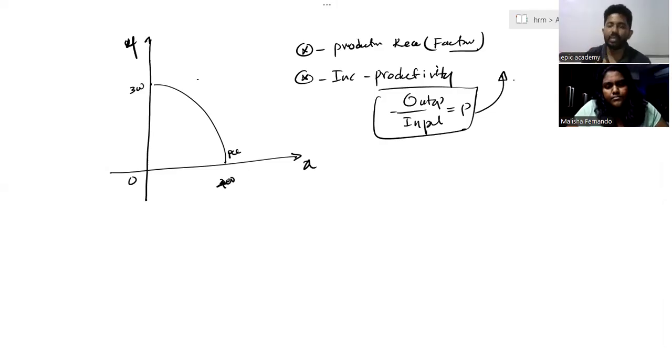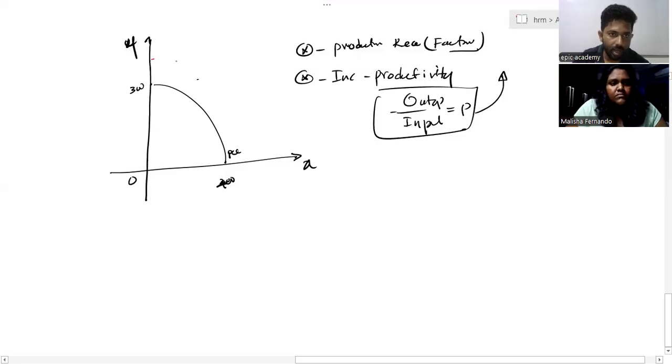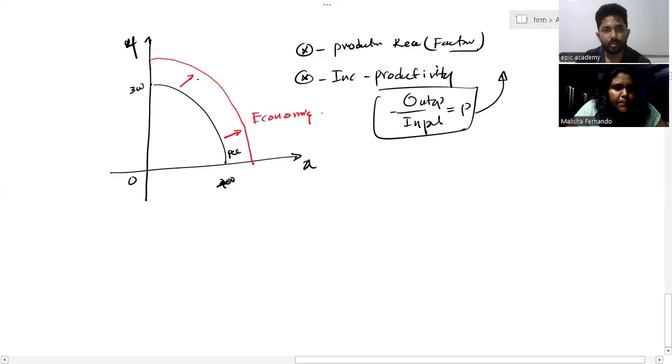Okay. Unfortunately, we cannot do those two things. If we increase production resources and productivity, what will happen? The production possibility curve shifts upward. We call this economic growth.